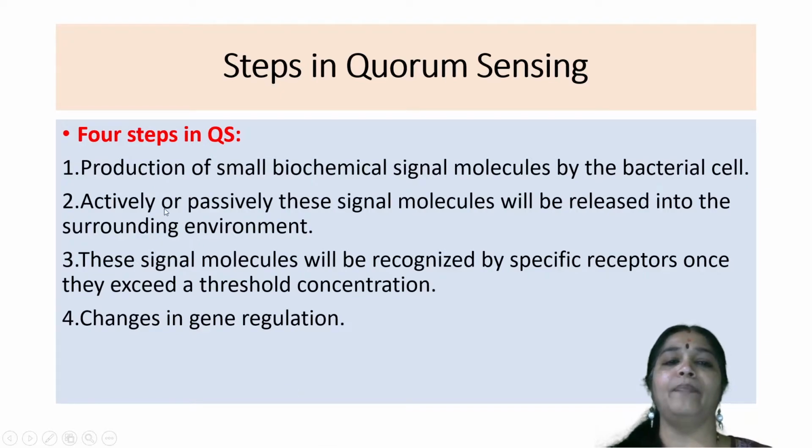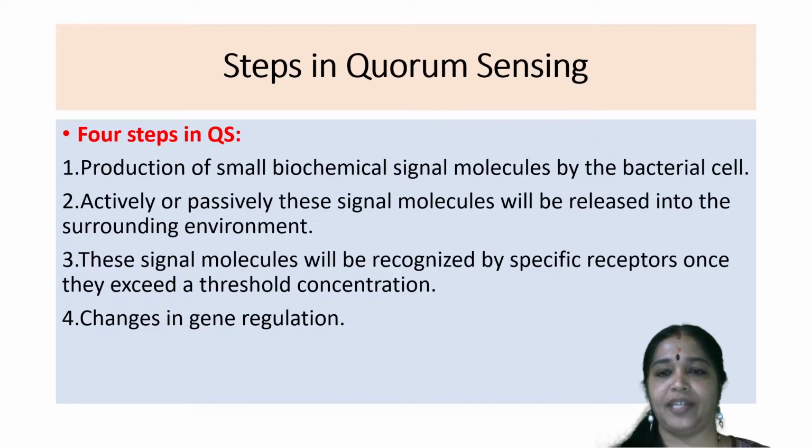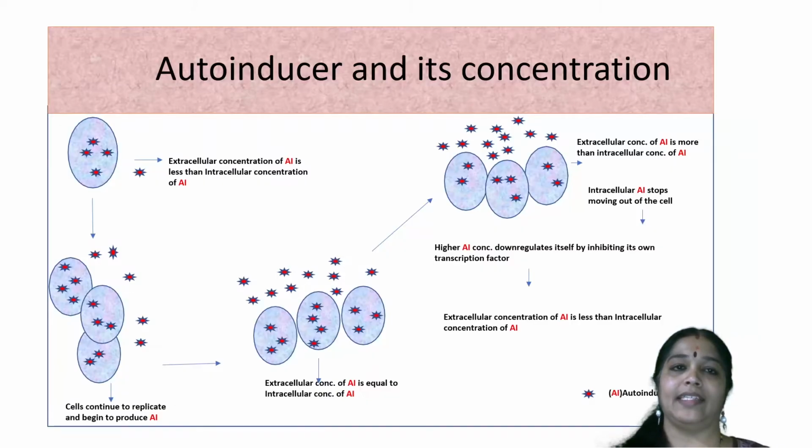Actively or passively, these signal molecules will be released into the surrounding environment. These signal molecules will be recognized by specific receptors once they exceed a threshold concentration. And there will be a change in gene regulation. So these are the 4 steps in quorum sensing.